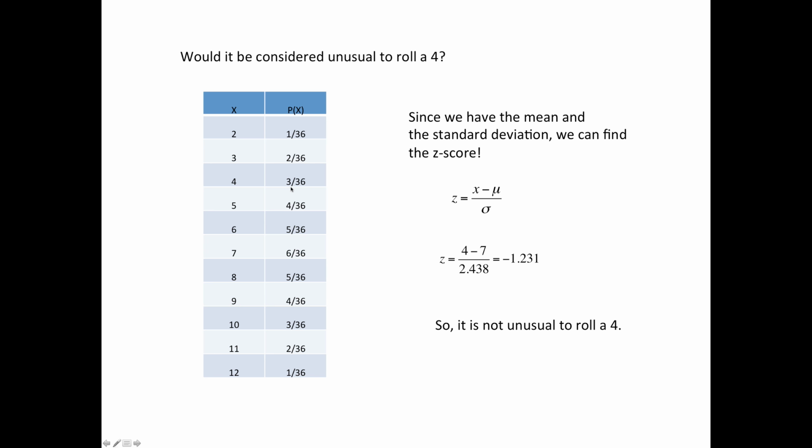Another way to answer that question is you could go over here and just divide 3 by 36, and you'll see that 3 divided by 36 is an 8.3% chance. So there's an 8.3% chance, which is not below 5%, so it's not considered unusual.